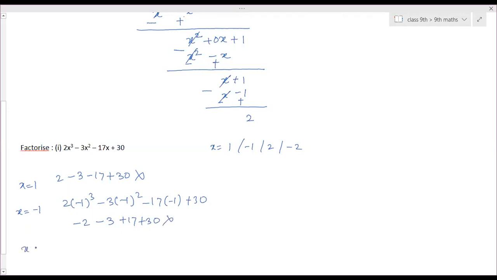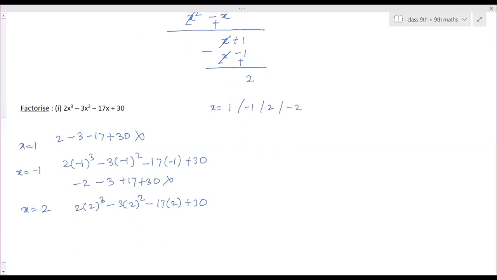So x is equal to 2. So 2 into 2 cube minus 3 into 2 square minus 17 into 2 plus 30. So 2 cube is 8. 8 into 2, 16. 2 square is 4. 3 fours are 12. Minus 34 plus 30. 16 minus 12 is 4.